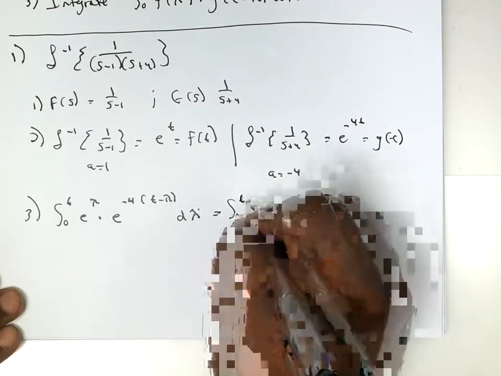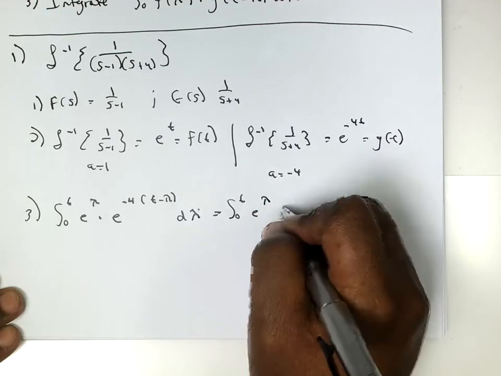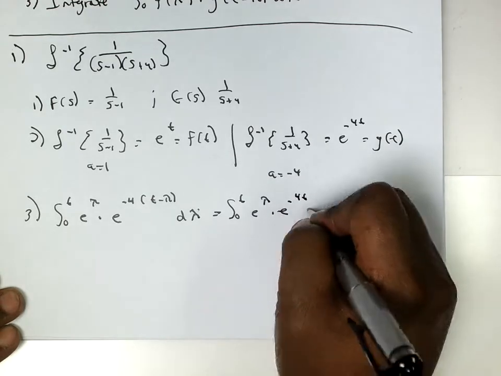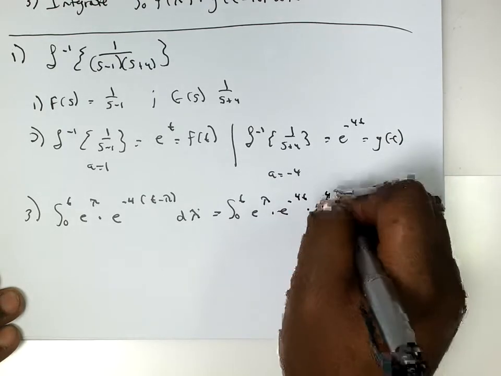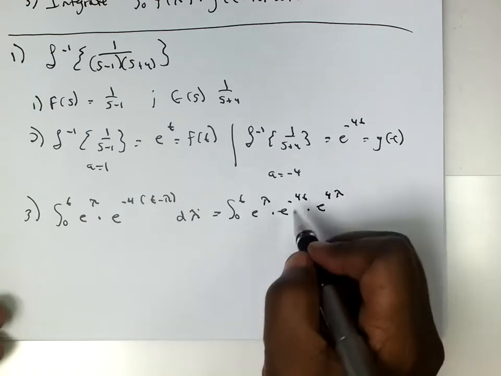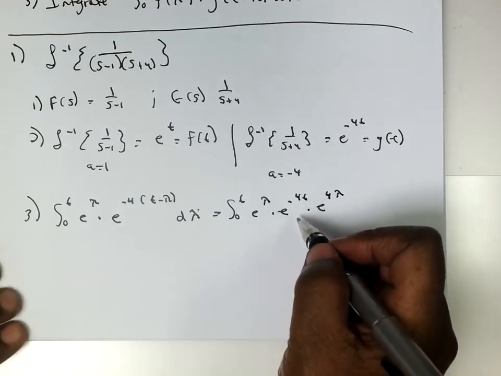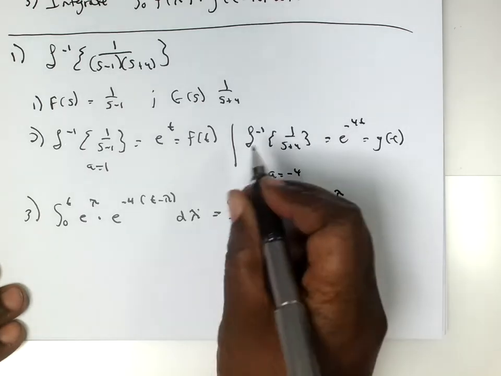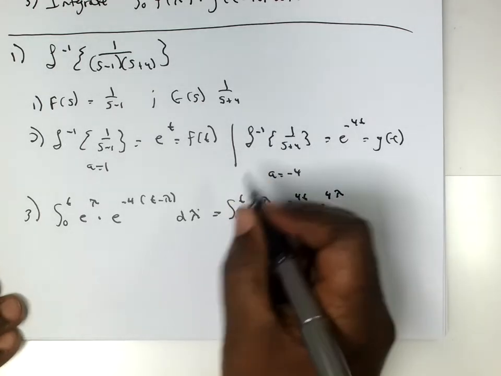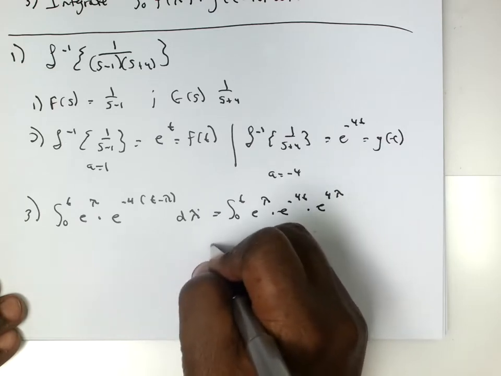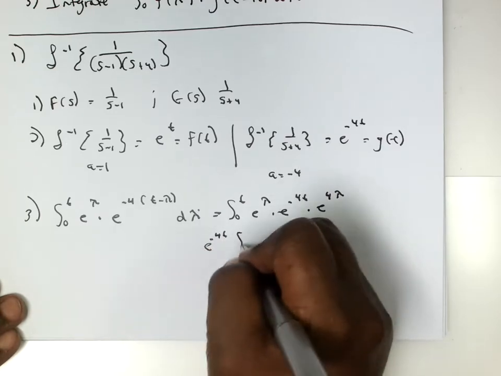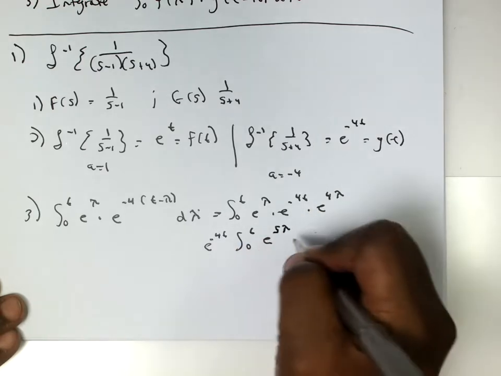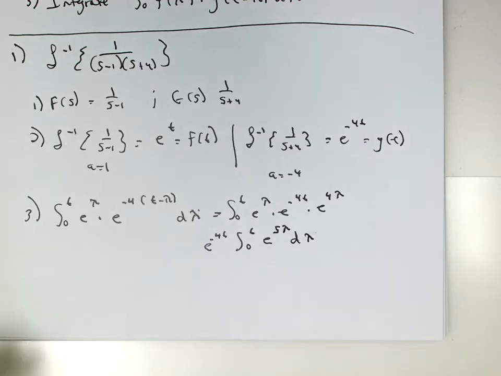So I'd have the integral from 0 to t of e to the tau times e to the negative 4t times e to the 4 tau. Well, this e to the negative 4t, we're not integrating with respect to it, so we can just pull that out. And that's going to give us e to the negative 4t times the integral from 0 to t of e to the 5 tau d tau.